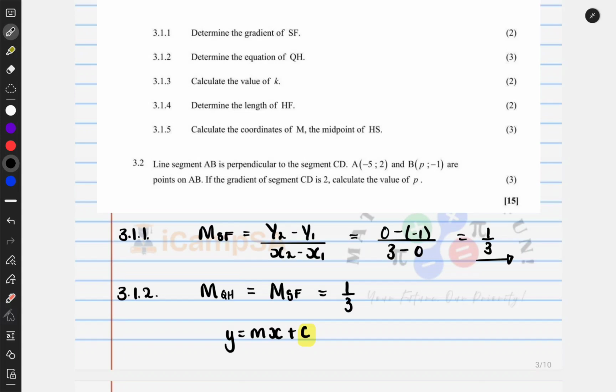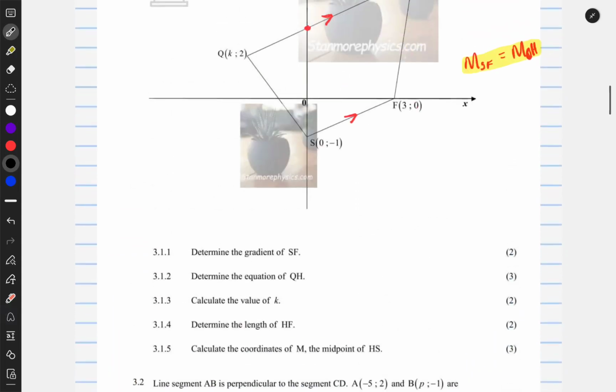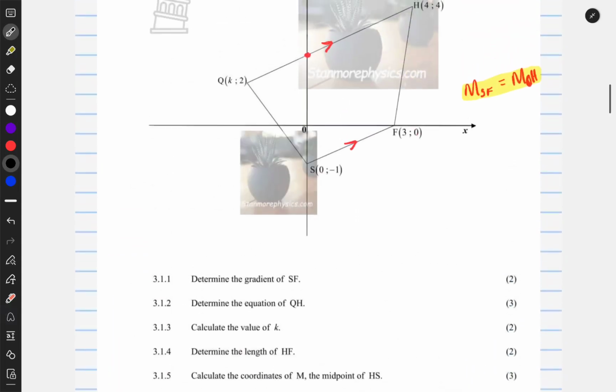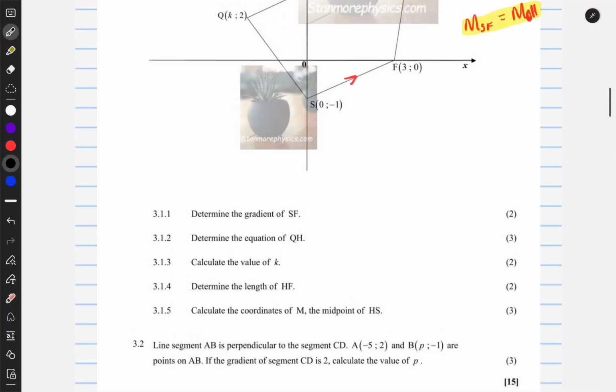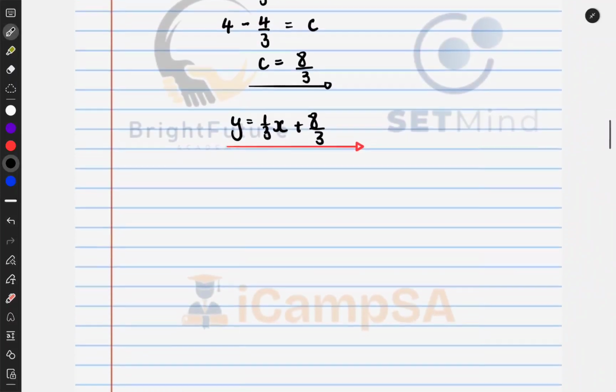And then next we're asked to calculate the value of k. Remember, k is the x value of Q, and Q lies on the straight line, which is QH. So Q is at k, and the y value is 2. So we have the coordinates k and 2.